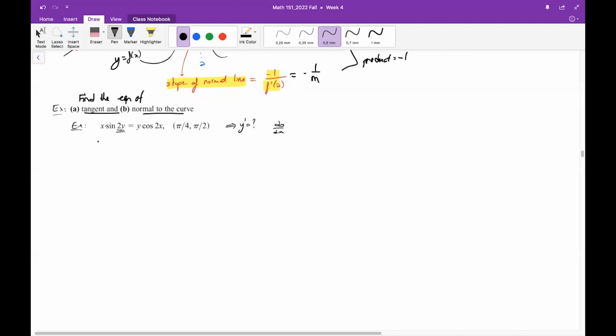The slope of the tangent line is given as the first derivative of the function at the given point. Look at the indicated point. The x component of the point is pi over 4. So if you compute this, you will find the slope of the tangent line. Once you find this slope, as you have the point here, you can easily write the equation of it. Now we are applying implicit differentiation.